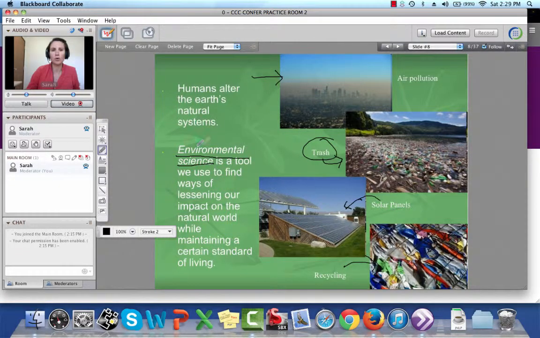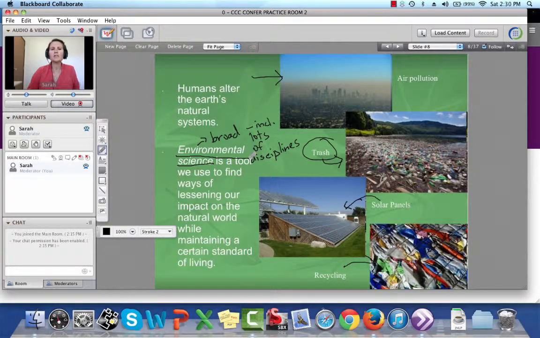It's also very broad. It includes lots of disciplines, and you can read about these in your book. There are the social aspects of it. So you have social sciences, you have biological sciences, you have chemistry going on.